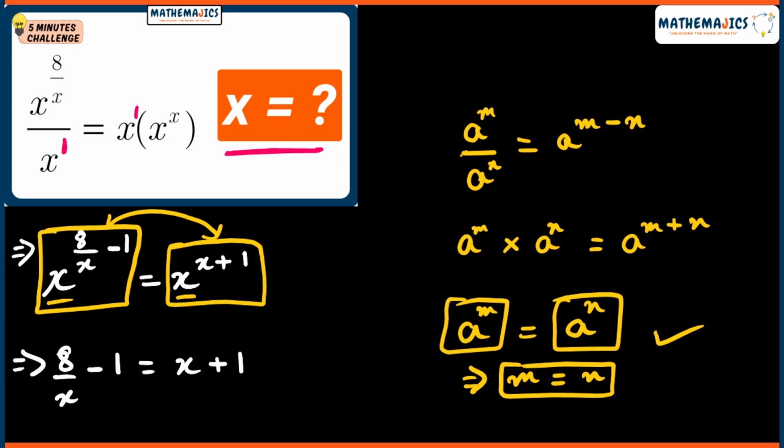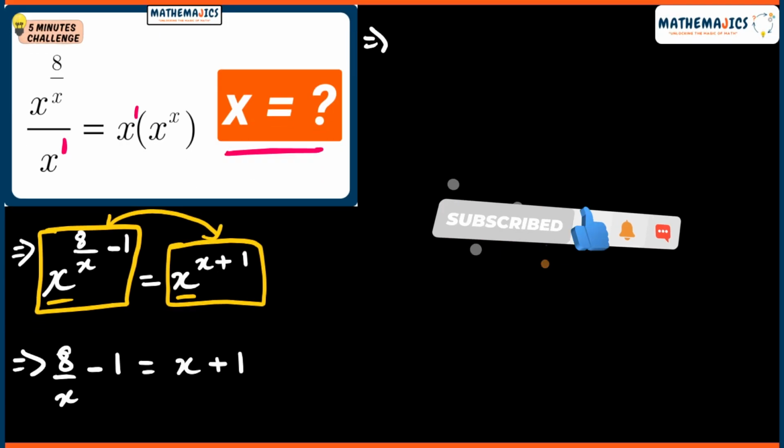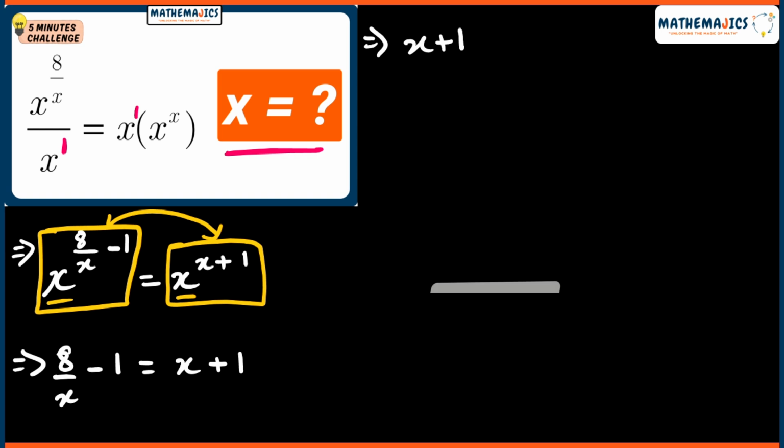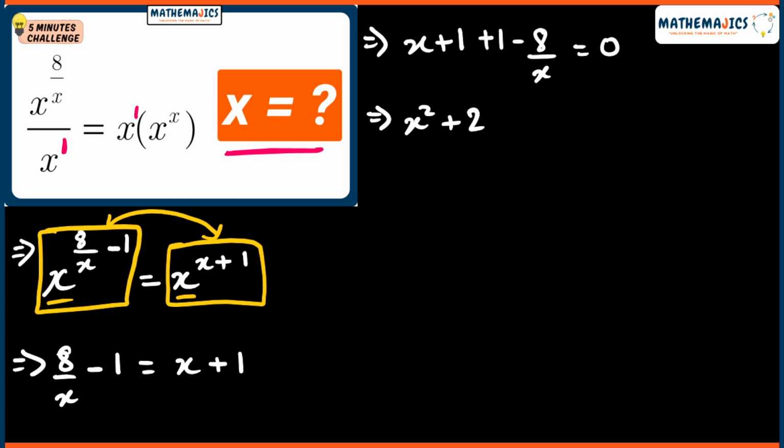Now, to find the value of x, we can solve this equation. So let's solve this equation. To solve this equation, I will take everything on the right hand side. So this will become x plus 1 minus 8 upon x is equal to 0. If we simplify this, I will get x square plus 2x minus 8 upon x is equal to 0.